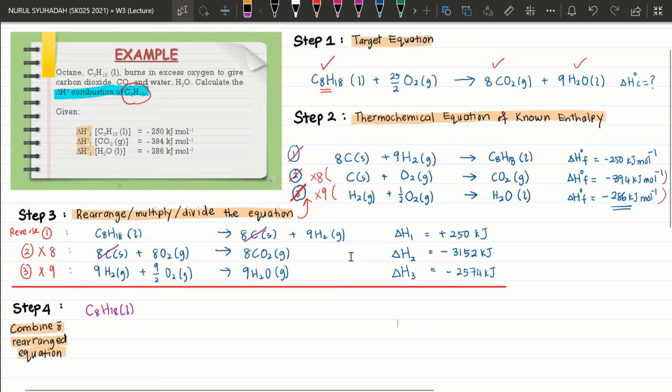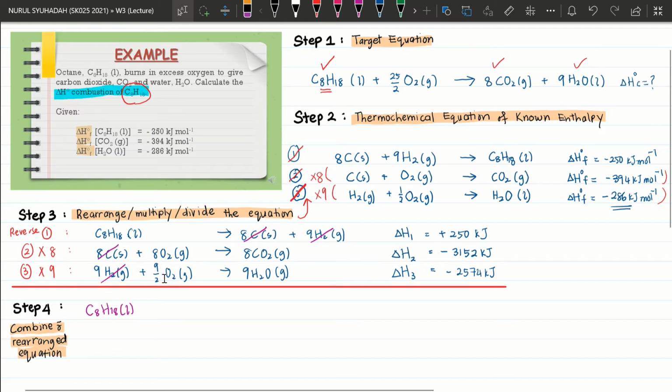Next, before we write everything down here, double check. Do you have anything else you can cross? So H2 and H2. Cross out the H2s. And then after that, oxygen. The oxygen over here, 1 from equation 2 is on the left hand side, and from equation 3 it's also on the left hand side.